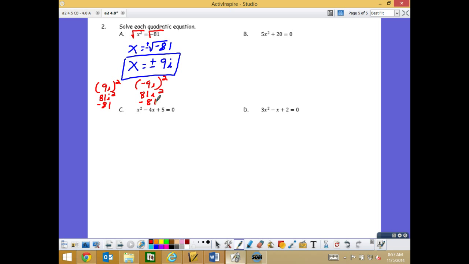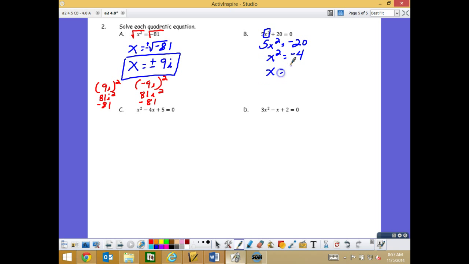Now, in example B, first thing we want to do is get the x squared part by itself. Just this x squared, we're going to get that by itself. So we want to move the 20 and the 5. We'll move the 20 first by subtracting it, and then we'll move the 5 last by dividing by 5. So we end up with x squared is equal to negative 4.